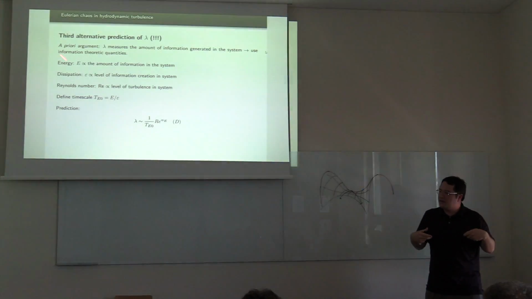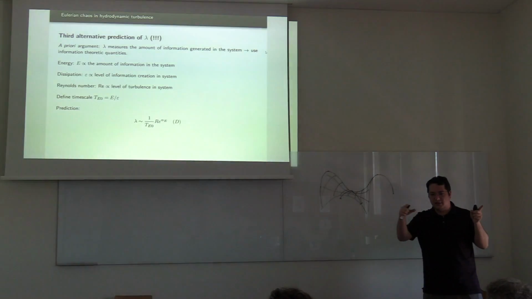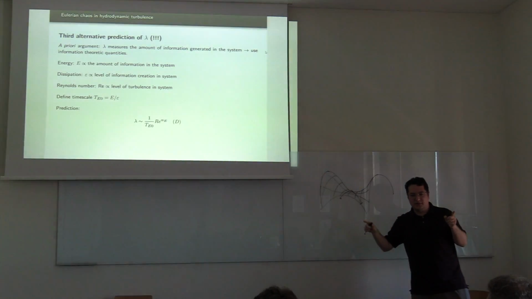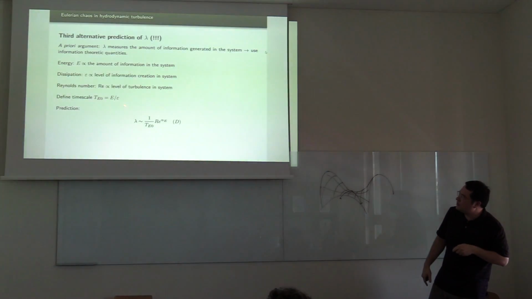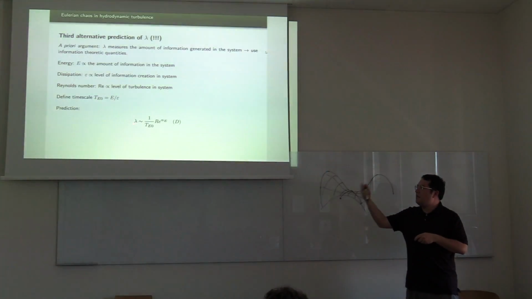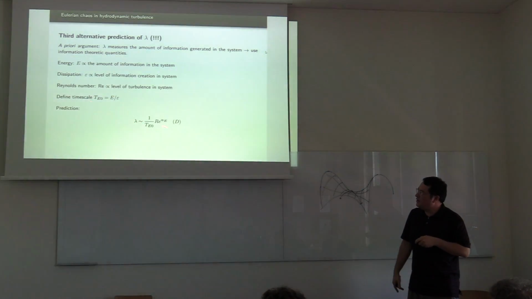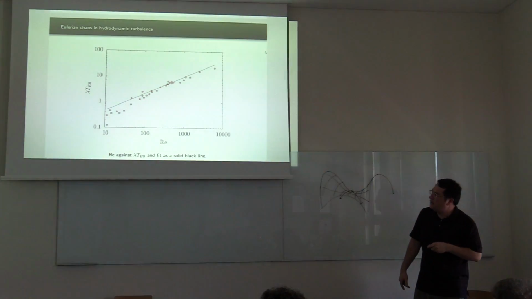We have a dissipation, which is proportional to the level of information, well, actually, it's proportional to the level of information loss in the system. But because we have a statistically roughly steady energy, this should be equal to the amount of information put into the system. And then we also want to include the Reynolds number, which is proportional to the amount of turbulence in the system. So we include our physicalized sense that our things should become more turbulent with a higher Reynolds number. So this is the fourth prediction, and then we can use our data with that, and we get this other log fit, sorry.